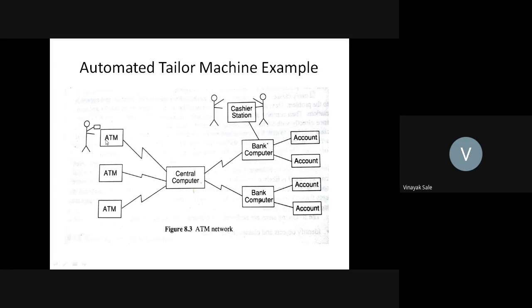Another way is with the help of an ATM machine. These two stations are connected to the central computer, whether withdrawing from the bank or from the ATM, so the central computer can update the transactions. This is the overall ATM network. This is the automated teller machine regarding the object model, dynamic model, and the functional model.